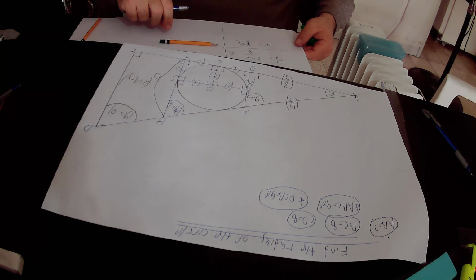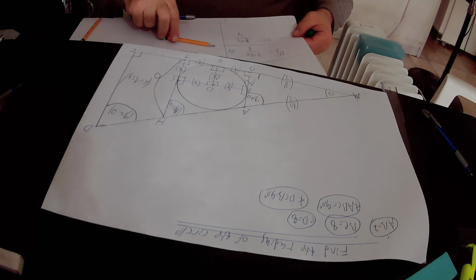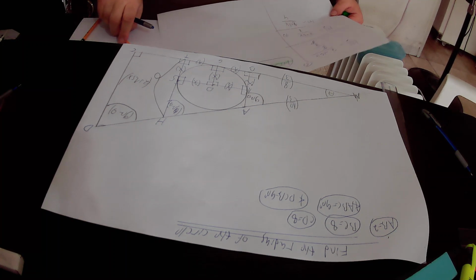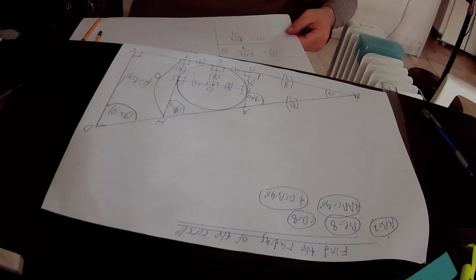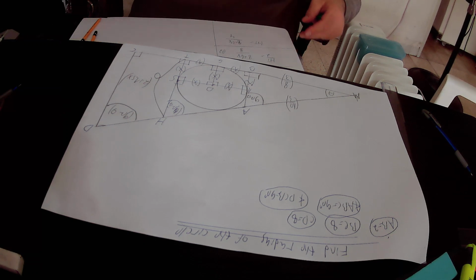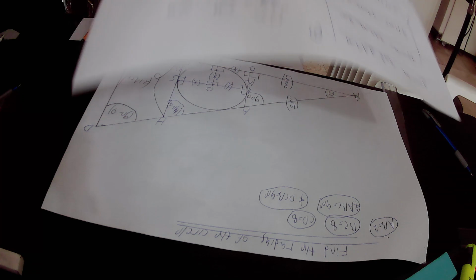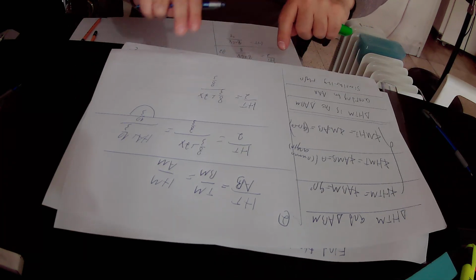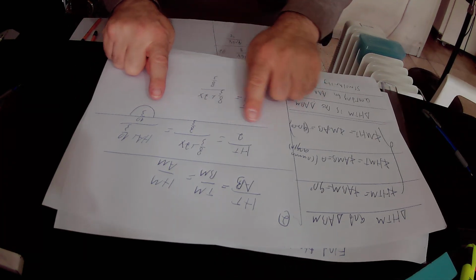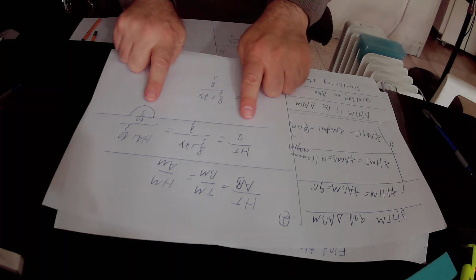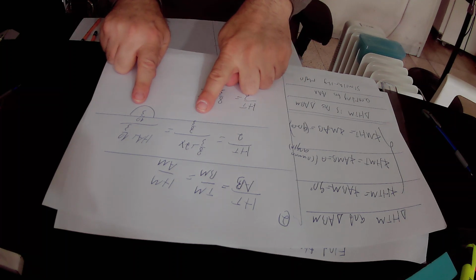We return to the long equation. This is the long equation. Those two sides are equal to each other.